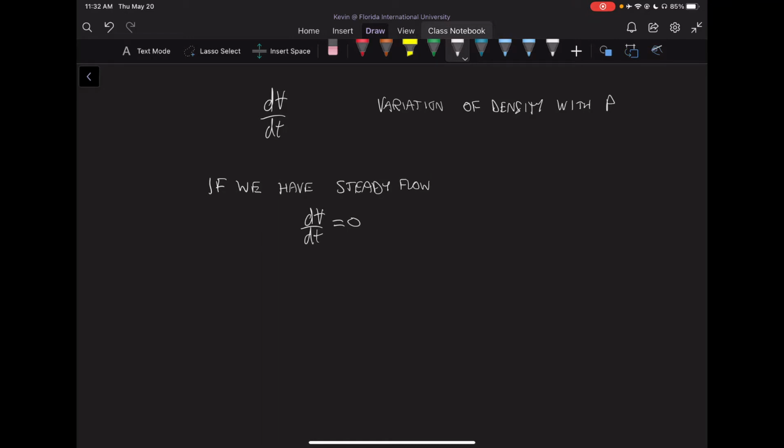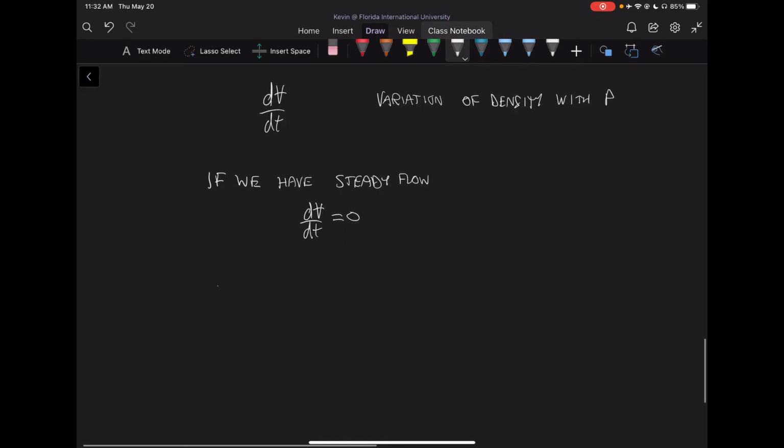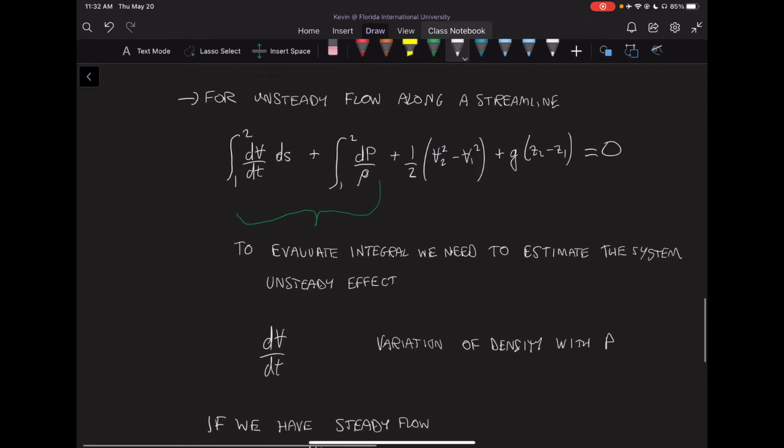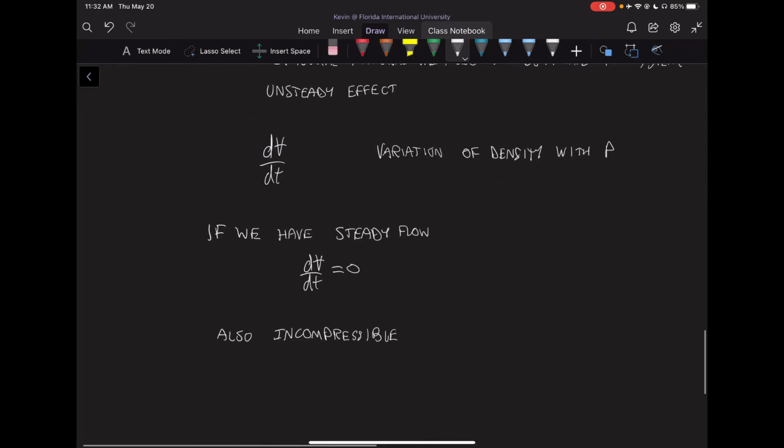Okay, so usually the examples that we're going to have and examples in the real world deal with steady flow more than anything else. Now, if we assume that it's also incompressible, so if we have water or something, we can usually assume that it's incompressible, except if we're at extremely high pressures, which is not the case in most cases. We can now simplify our problem and rewrite the integral of dp over rho.